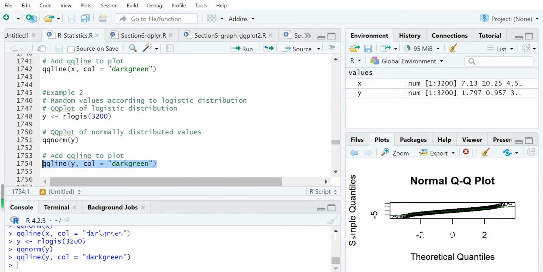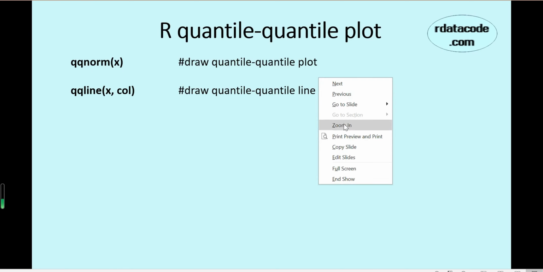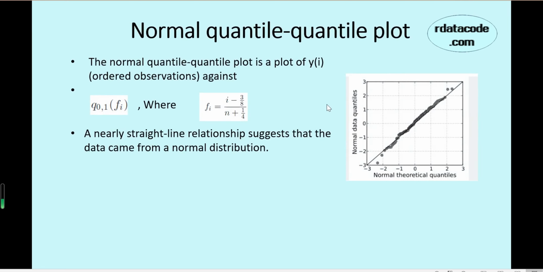In conclusion, a Quantile-Quantile plot is a scatter plot between the theoretical normal distribution values and the sample values. So both are values: this is from the normal distribution and this is from the sample. How do we draw the scatter plot?